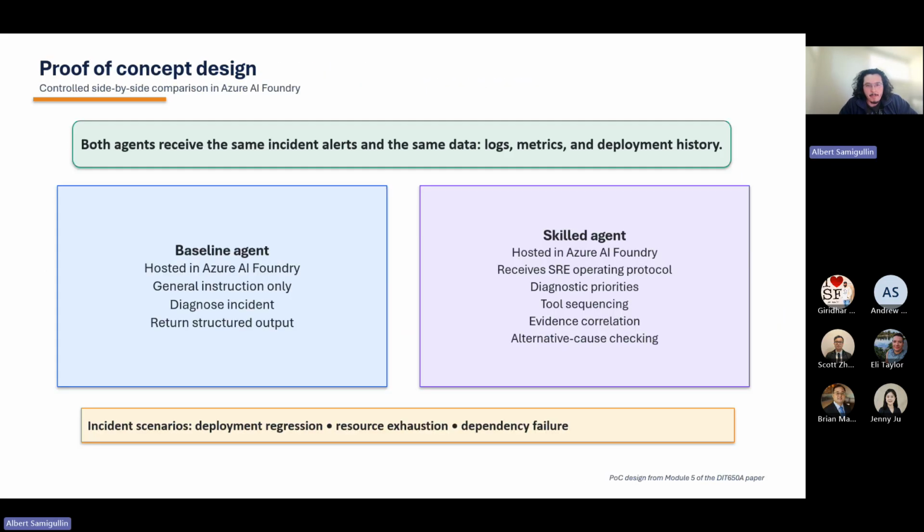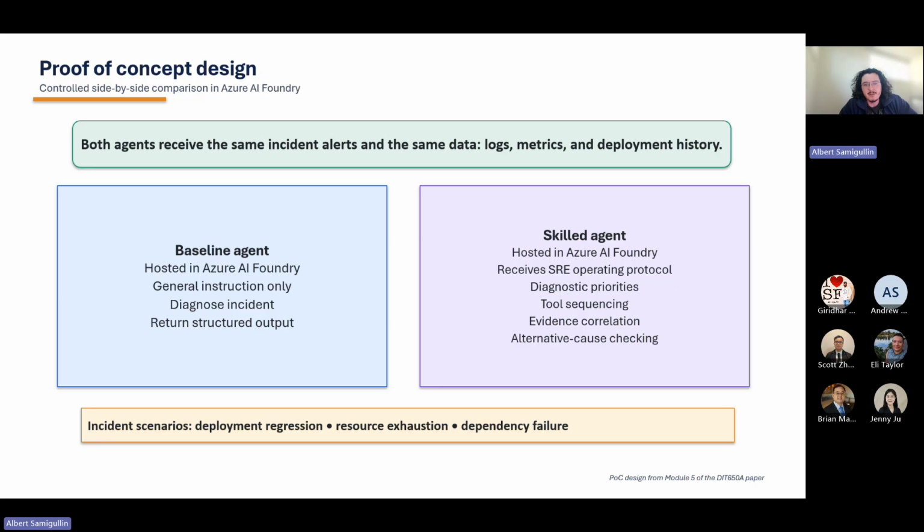And when I implemented it, I basically came up with two agents. My proof of concept project compares two agents. Both agents are hosted in Azure Foundry. Both receive the same incident alert, and both have access to the same data: logs, metrics, and deployment history. The difference is in the instructions design and tools layers.